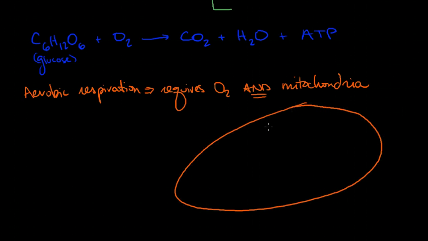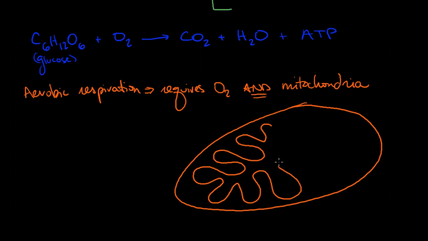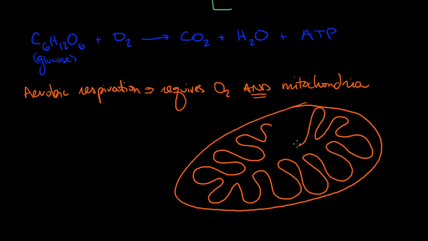So the mitochondria, I'm going to draw it as an oval, has this lining in it that looks like this. It's got an inner membrane that looks like that. There are a couple key parts here. The inside is called the matrix.